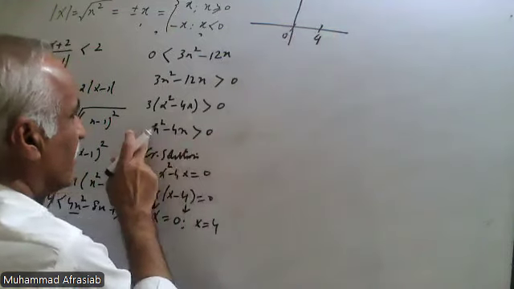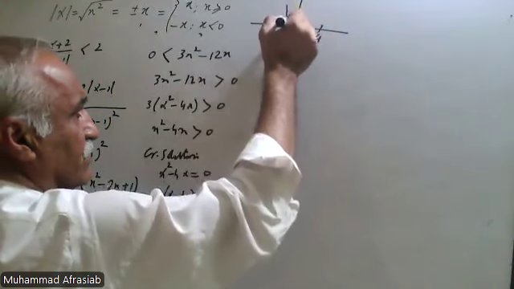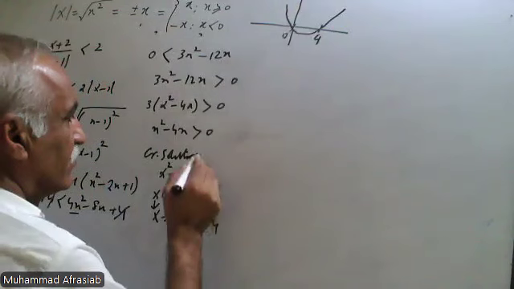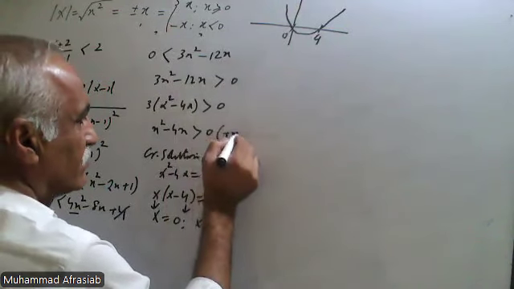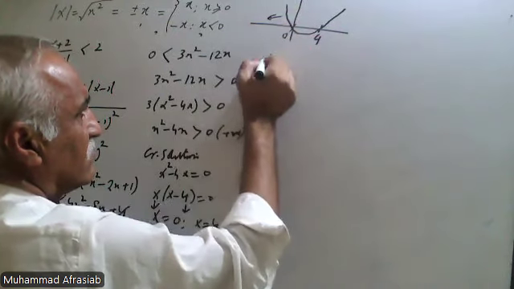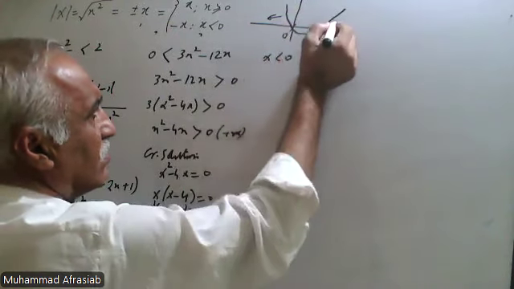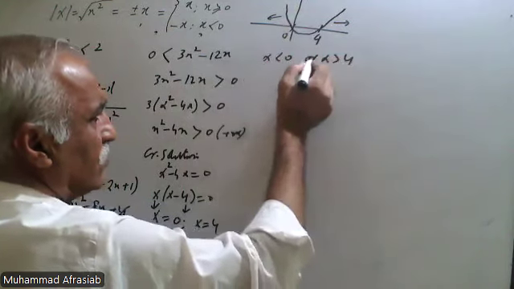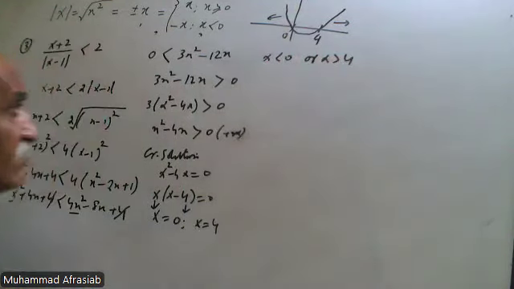Since the coefficient of x square is positive, the shape will be a minimum, and since we need only the positive values, it is less than 0 or greater than 4.